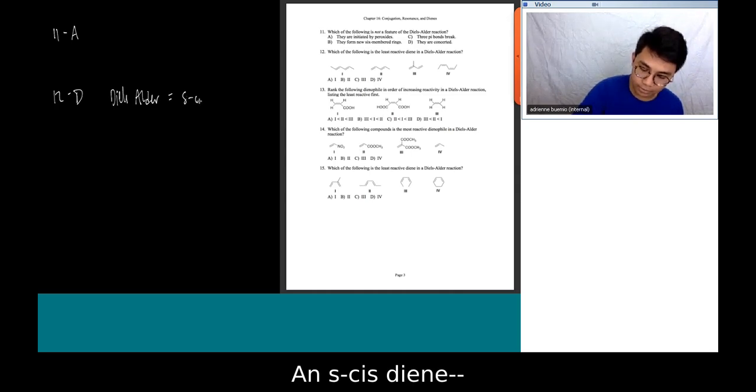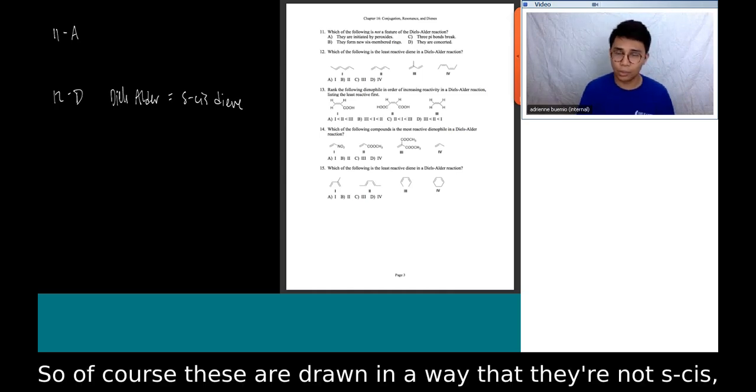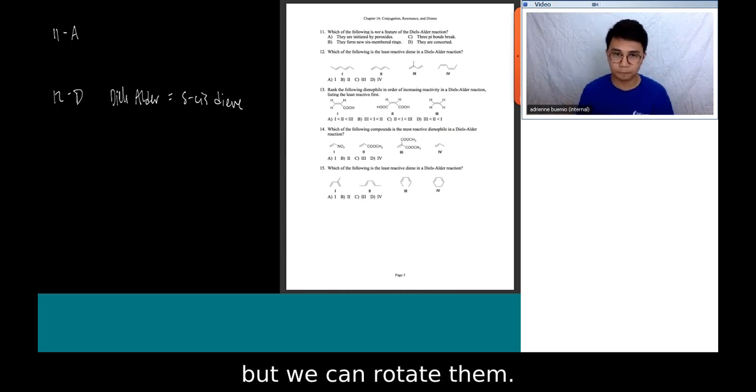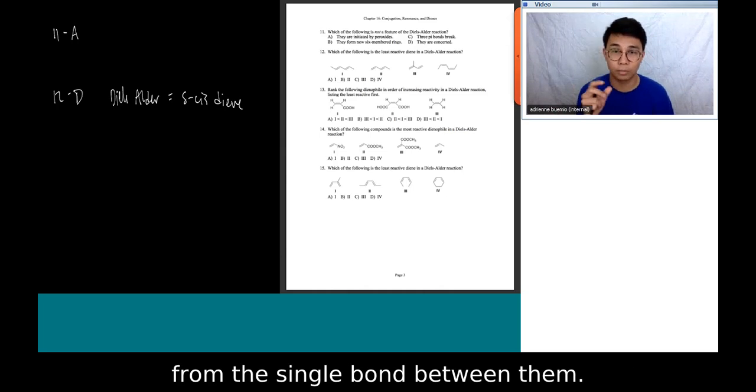An s-cis diene, right? Of course, these are drawn in a way that they're not s-cis, but we can rotate them, because s-cis just means rotating the double bonds from the single bond between them, right?